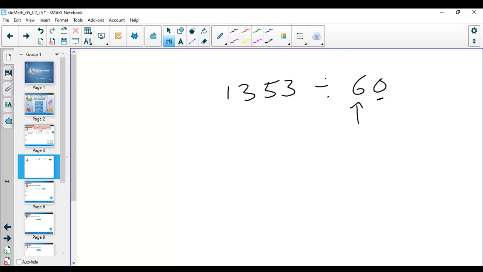So all we really need to focus on is this 6. Now when I look at this number, I'm going to start by looking at the thousands place. And I'm going to think, well, 1 is really far away from 6, right? So if I turn 1,353 into 6,000, that would be crazy. That's way too big. That's not going to work.